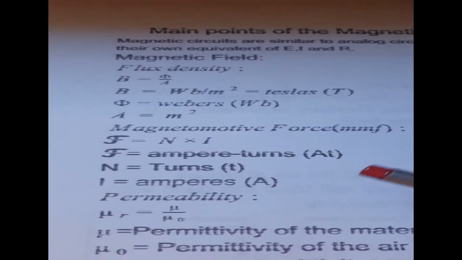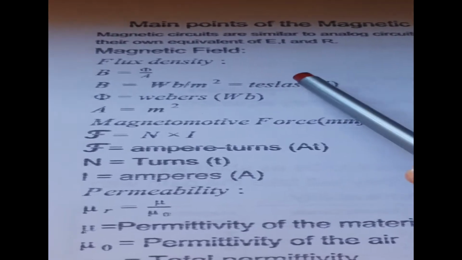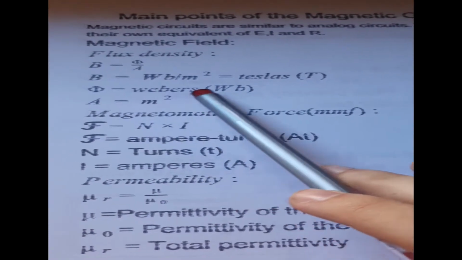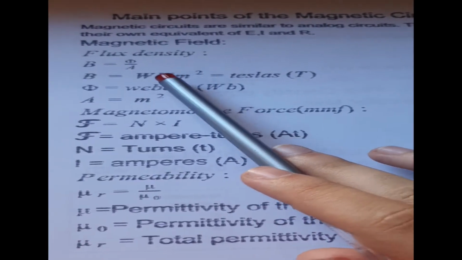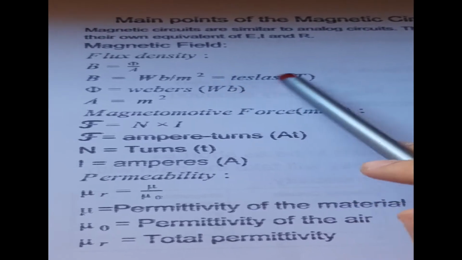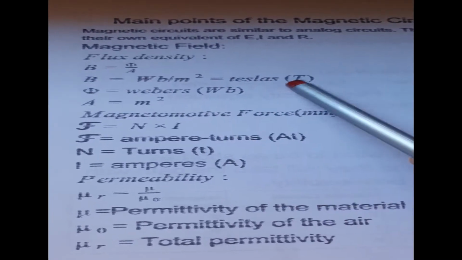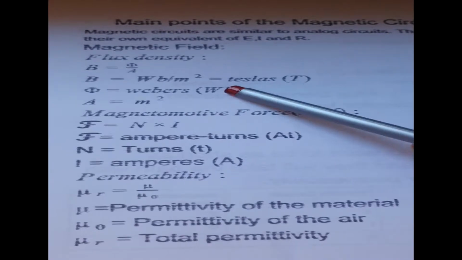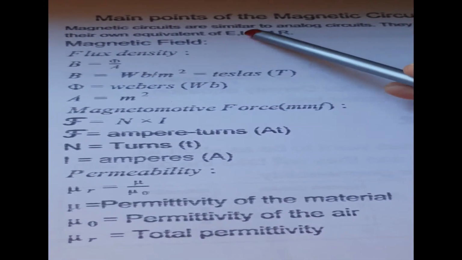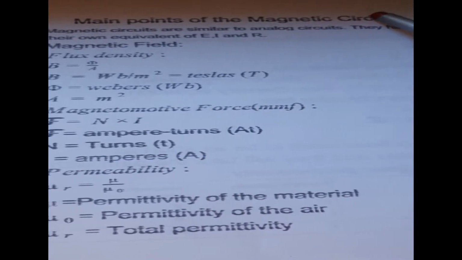Sorry about that, somebody just worked inside the room. Anyway, the flux is the equivalent of I inside the magnetic circuit.